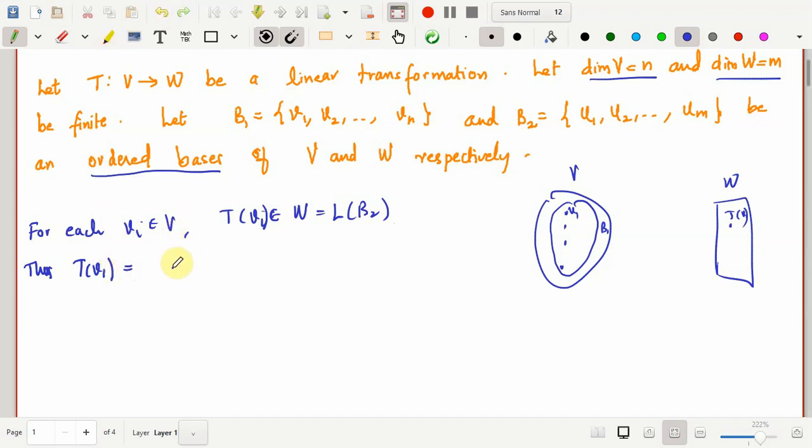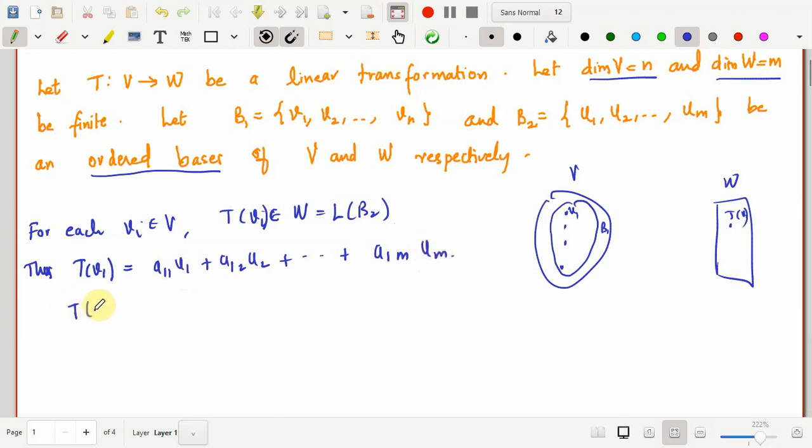Suppose T of v1 is expressed as a11 u1 plus a12 u2, and this will go on till a1m um. I'm using this notation purposely so that we get a matrix in terms of a11, a12 and so on.